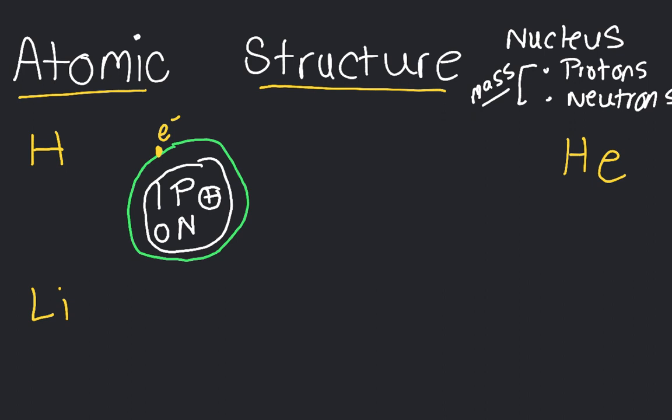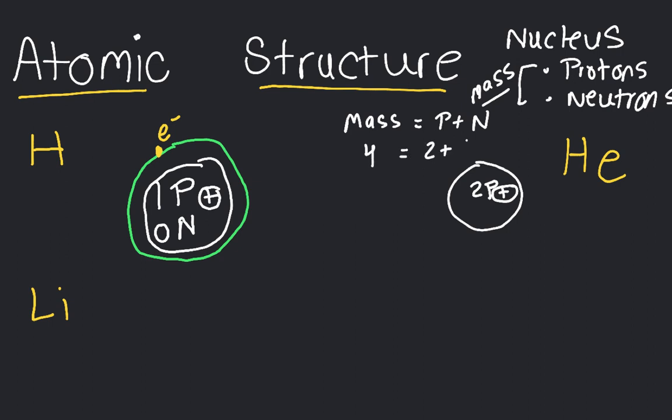Now when you go over to helium, helium has 2 protons. That's a tough one to draw. So it's got 2 protons, or positive charges, and it has an atomic mass of 4. Mass is equal to protons and neutrons. So if the mass is 4 and the protons are 2, it must have 2 neutrons as well.